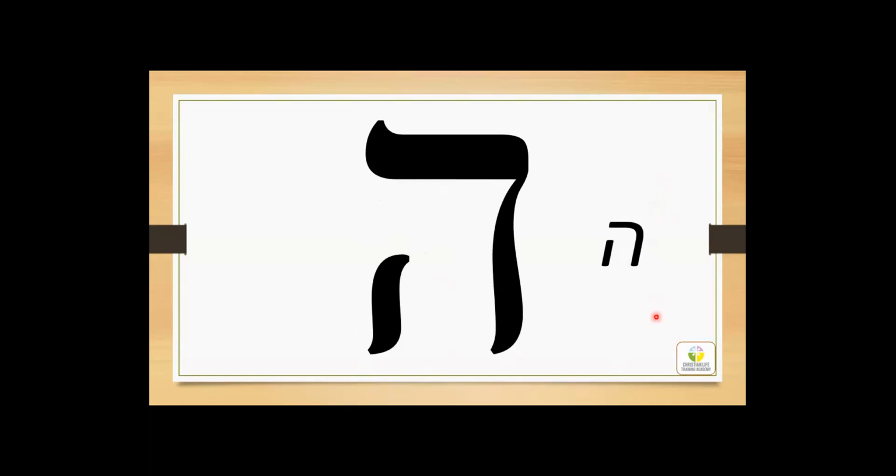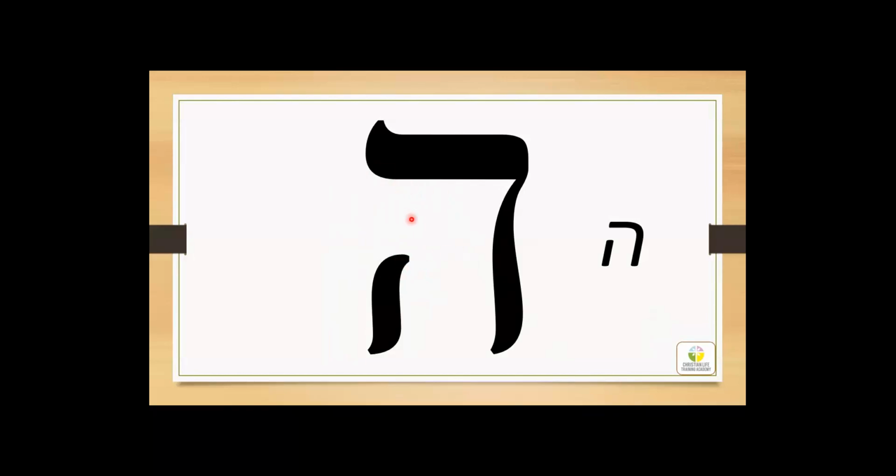Remember, Hey is 5 because Aleph, Bet, and Vet, Gimel, Dalet, Hey. All right, that's 5. And Hey has a window. It is through this window that we behold, we see, we look, and it is revealed.